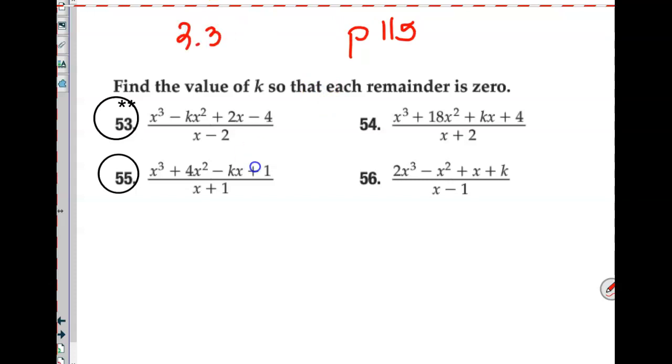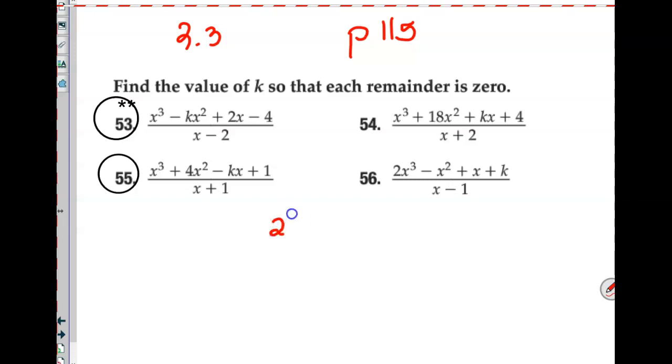All right, number 53 says find the value of k so that each remainder is 0. Any ideas how we could do this? Dividing by the bottom. Yes, some teachers would tell you to do synthetic division.